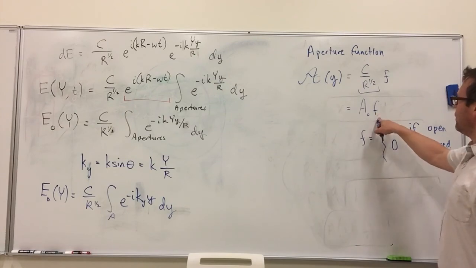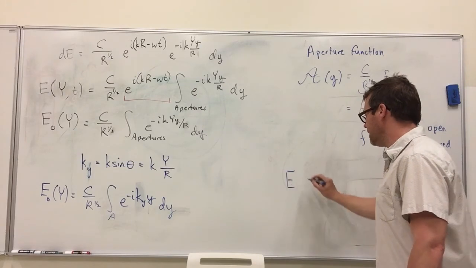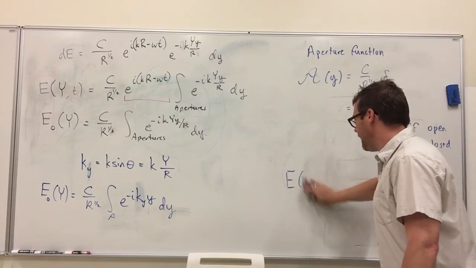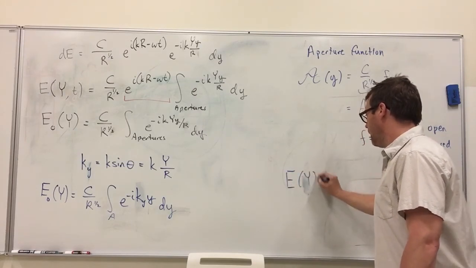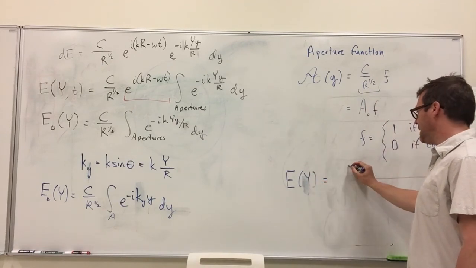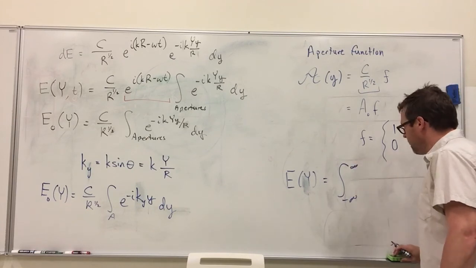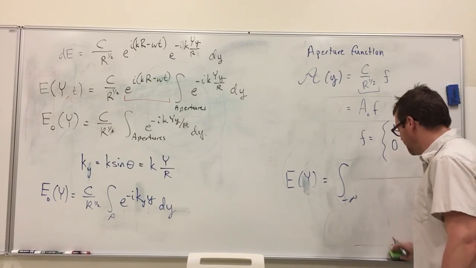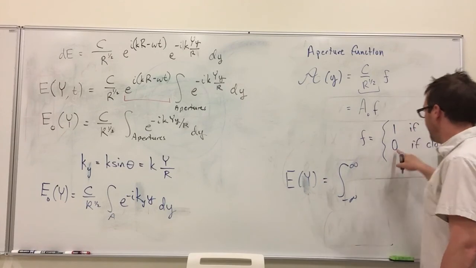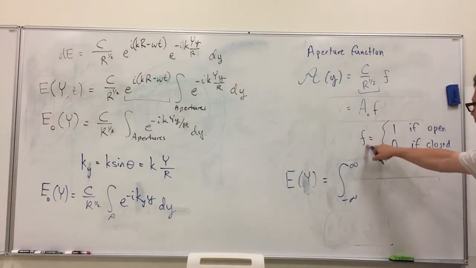All right, so that's my aperture function, which means that I can, in the end, say that E, as a function of y on the screen, is equal to the integral from -infinity to infinity. I can go from -infinity to infinity now, because anywhere the screen is closed, f is 0.